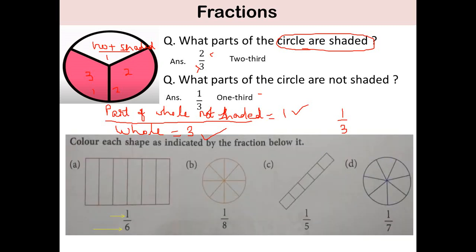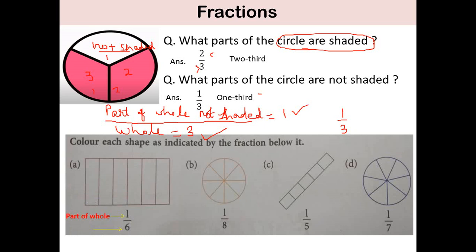Now question is, color each shape as indicated by the fraction below it. So see, first one is 1 by 6. So what does this 1 show? 1 is, I have already told you, part of whole.